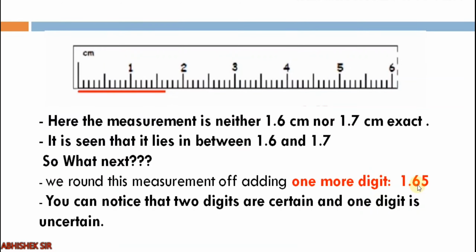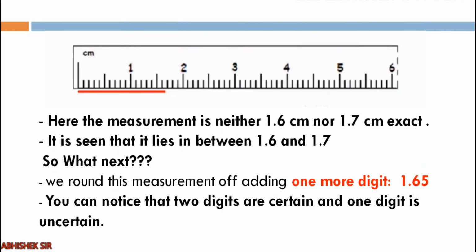it might be 1.65. Here it was 1.6, so two digits were there. Over here it was 1.7, two digits. But here, apart from the two digits, we are adding one more digit, this one. That is why we are interested in the number of digits.